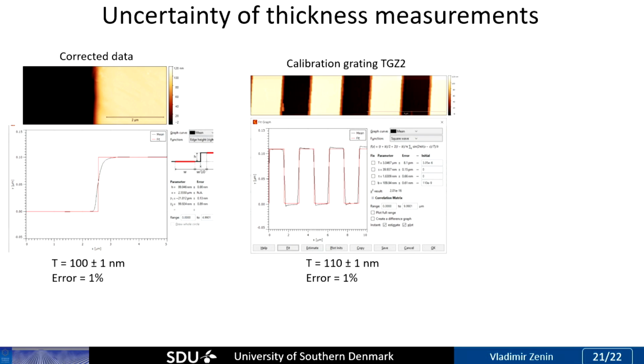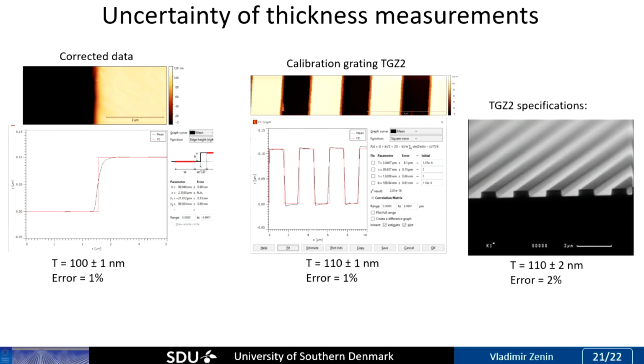You take your calibration gradient, and you measure the thickness. It's again 1% more of error. Finally, you look at the specifications, and you find out that the thickness is given with 2% precision. Then you need to collect all the errors together, so it ends up with 4%. It could be some different number, but the errors, that's a different story.